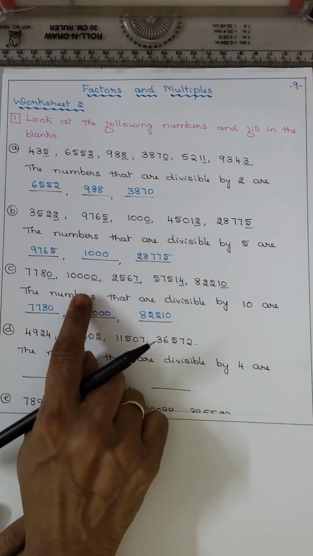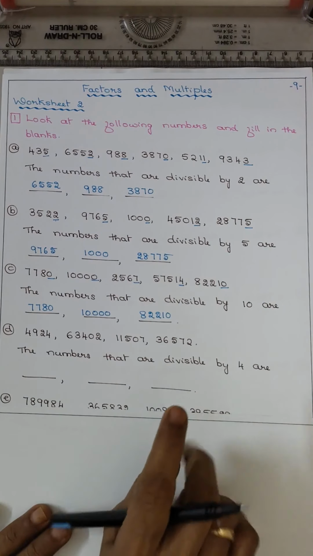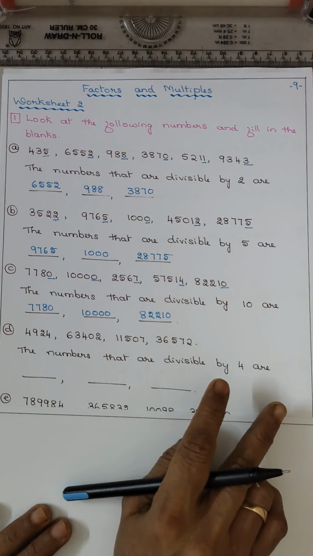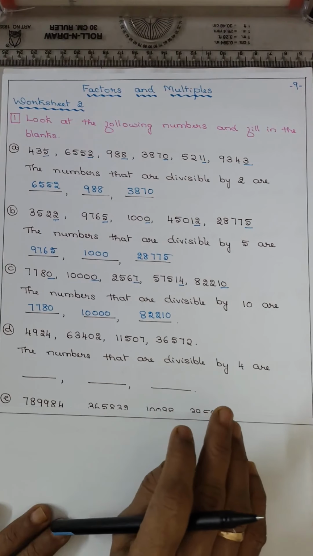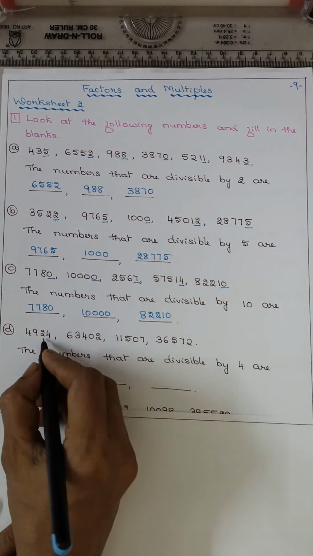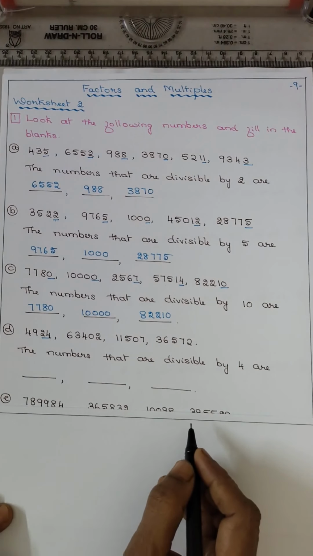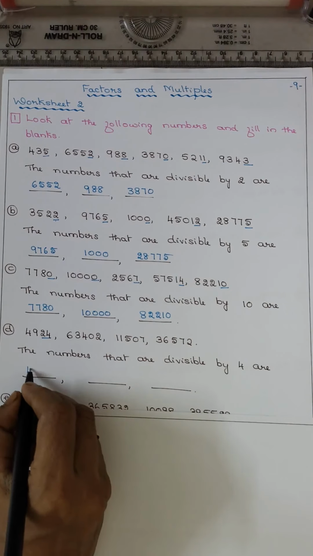For 10, the number should end with 0. Now for 4, the number formed by the last 2 digits should be divisible by 4. Now 24. 4 sixes are 24. So yes.